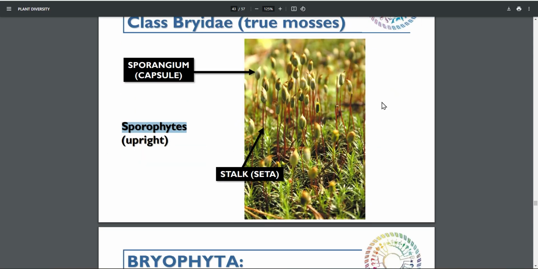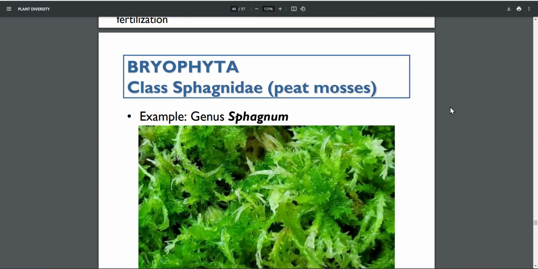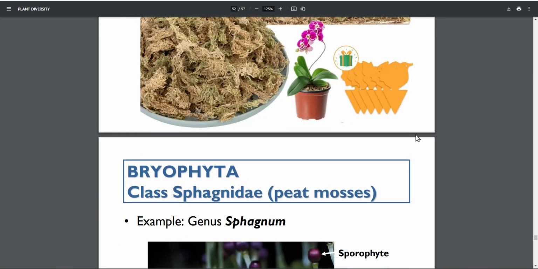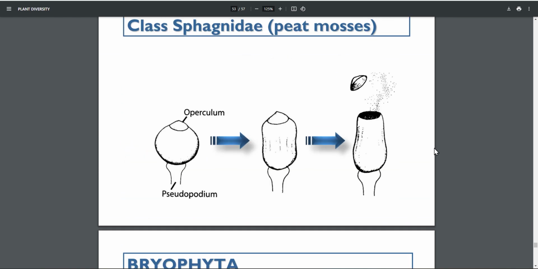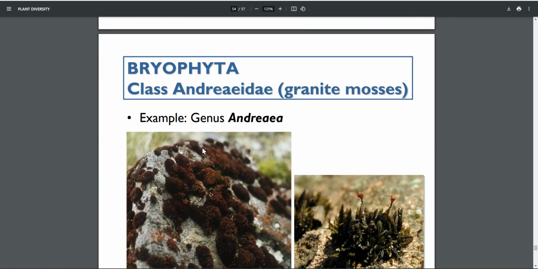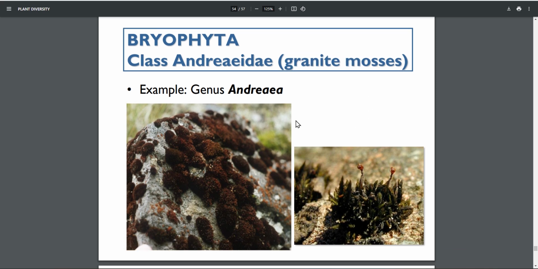It is from the sporophyte. Don't mix that up. Moving on, and then the operculum, the cap, the pseudopodium, and this is when it's moist, it dries, and then it pops and releases the spores. Alright, that's it for peat mosses, and finally we have granite mosses.